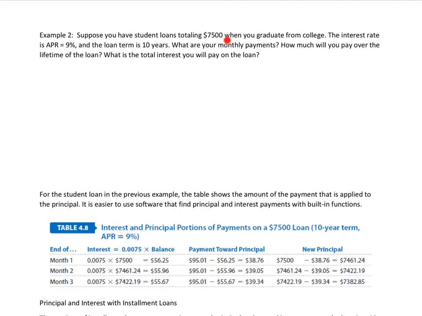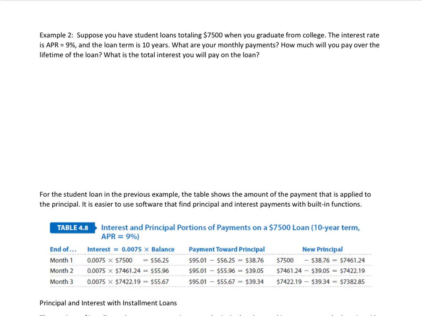I hope you all are so lucky to have this small amount of debt. The interest rate is APR equals 9%, and the loan term is 10 years. What are your monthly payments? How much will you pay over the lifetime of the loan? And what is the total interest you will pay on the loan? That is 3 different questions.